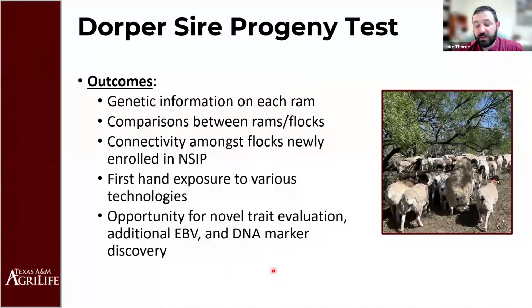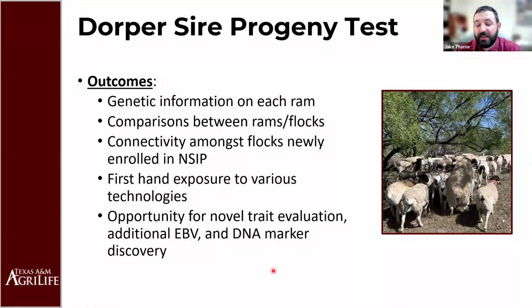And so all of the data that we're collecting is going to go into that National Sheep Improvement Program. Hopefully we're going to get all of the flocks that are participating also enrolled in that program. And because each of them has provided a ram to this test, and there's offspring that are being reared from those rams in the same contemporary group, one of the big outcomes of this test is we're really promoting connectivity between those flocks.